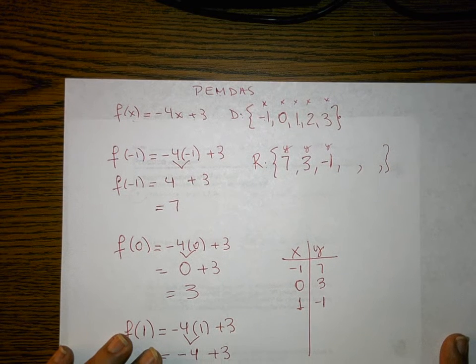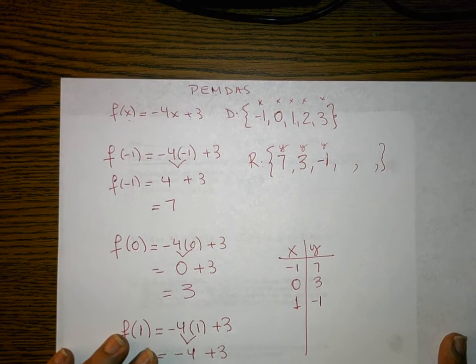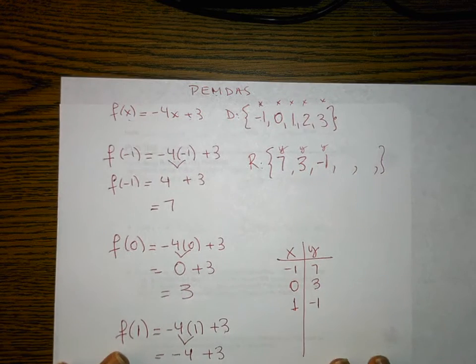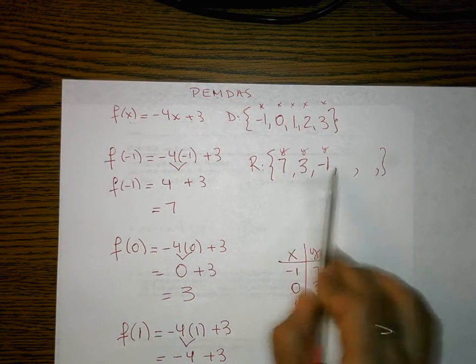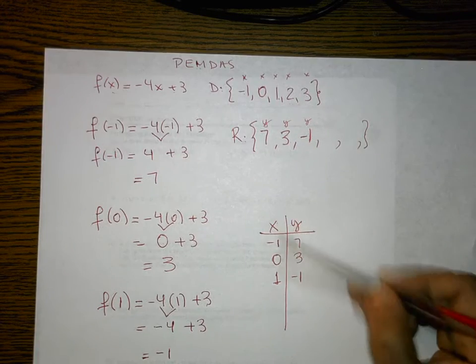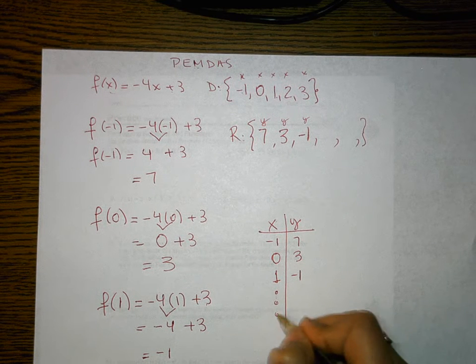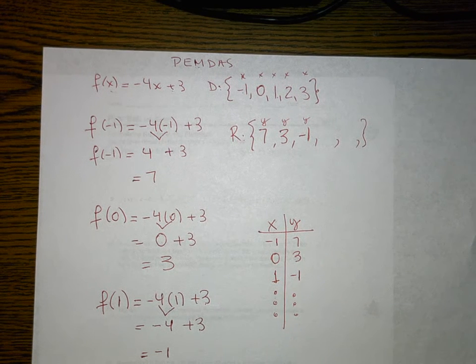It's just a different way to organize the information. But the concept is always the same, we're just organizing it differently, okay? The x values are here, the y values are here. So please continue this problem and finish the rest of the domain and range pairing up of pairs here, okay?